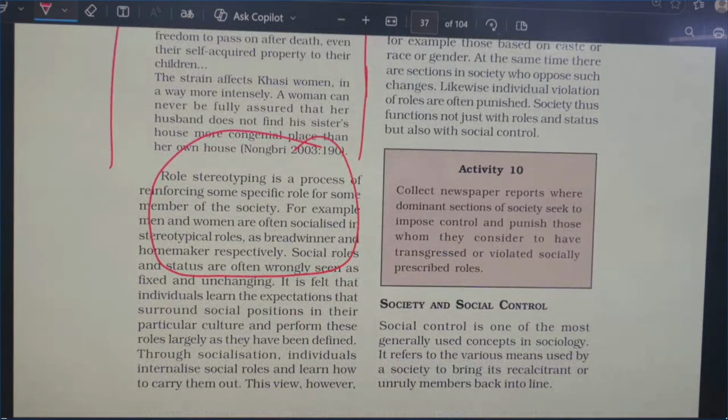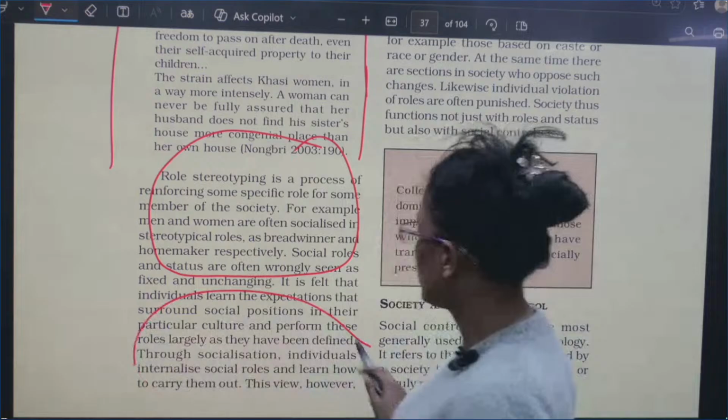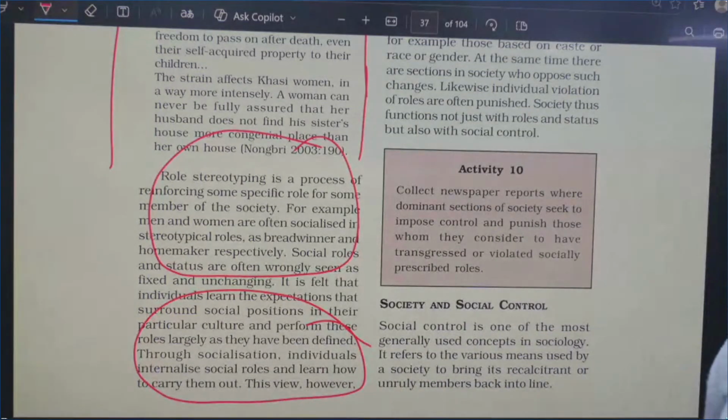So expectations. Social roles and status are often wrongly seen as fixed and unchanging. It is felt that individuals run the expectation that surround social positions. Through socialization, individuals internalize social roles. How do we get the social roles?